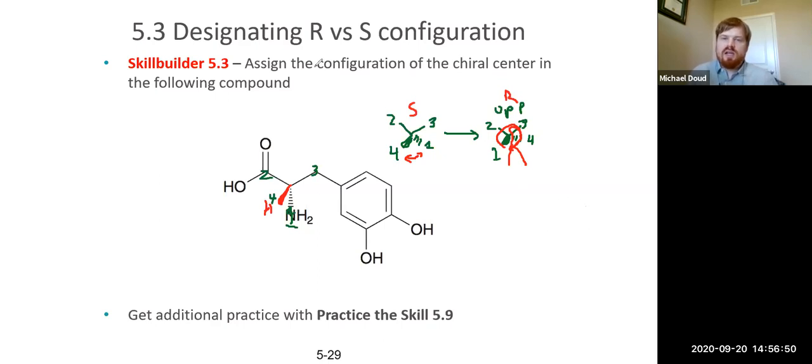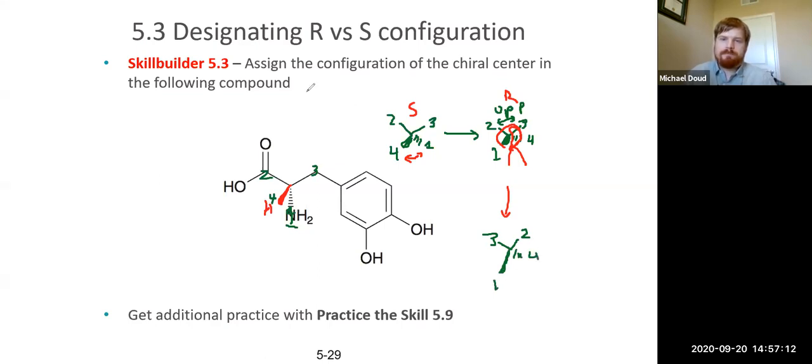Something like that. Now, again, you could do what the book recommends, and you just flip again. So, sorry, let me go back to the green ones. Let's flip the 2 and the 3 here. So now we've got 3 over here, bonded to our chiral carbon, a 2 on the right, 1 still pointing out, and 4 going in.